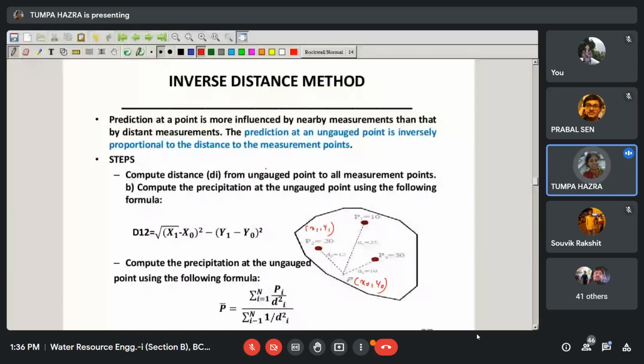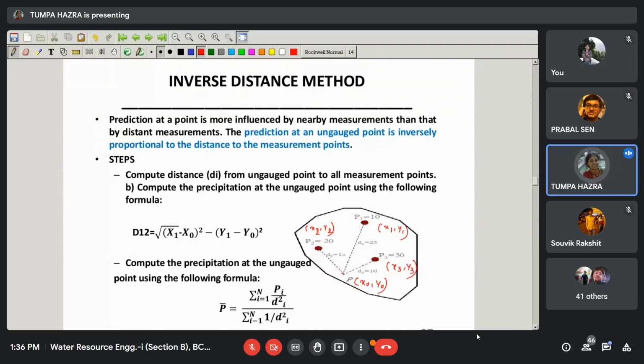This is first station x1, y1, this is x2, y2, and this is x3, y3. So you can predict the data of the x0, y0 or 0th station by the inverse distance method.